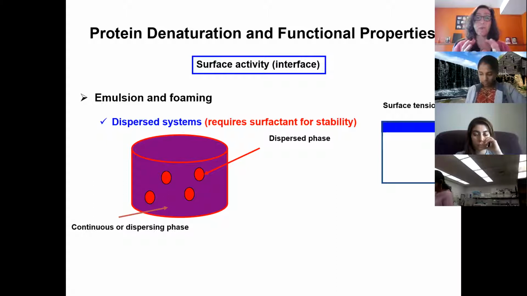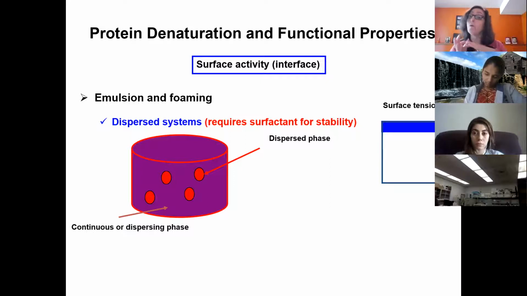And then we end up with a dispersing phase and a dispersed phase. So the dispersing phase is your continuous phase. And then the dispersed phase is your either oil droplets or air embedded into your continuous phase. So emulsions are not necessarily always oil and water.